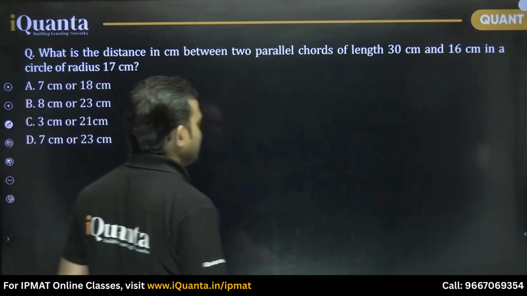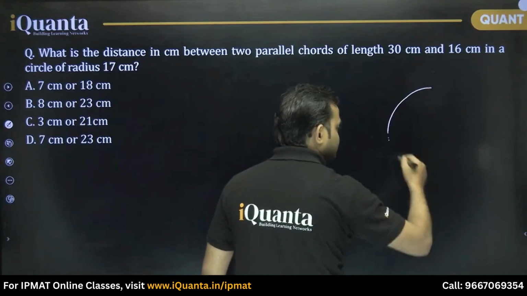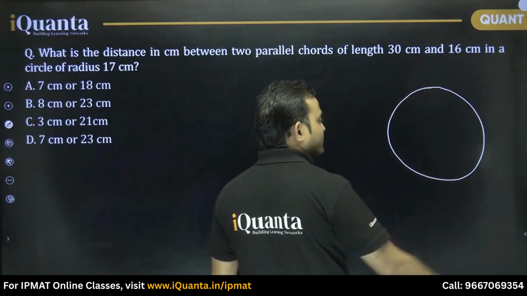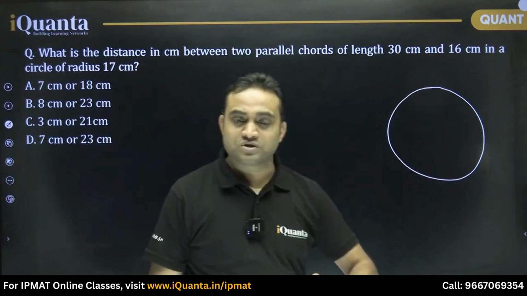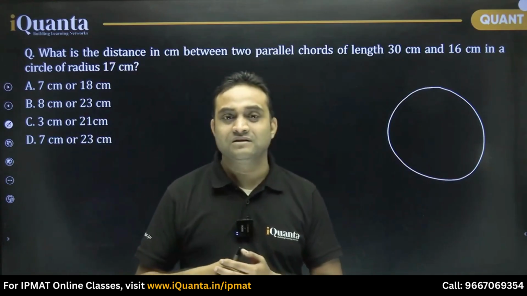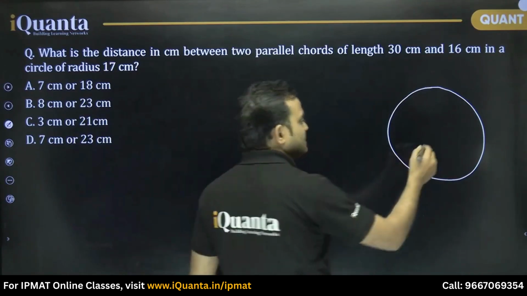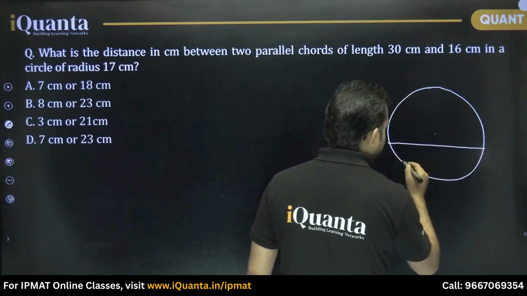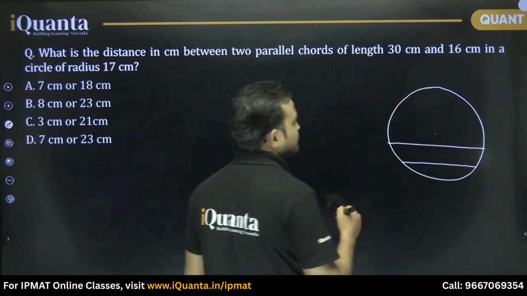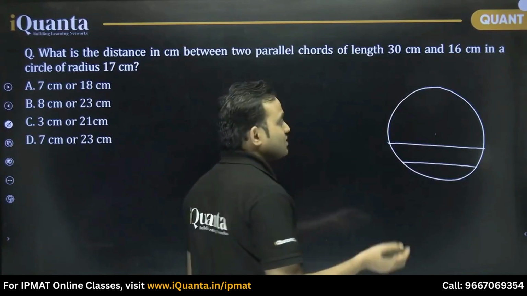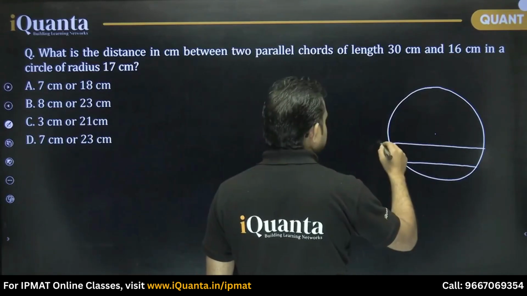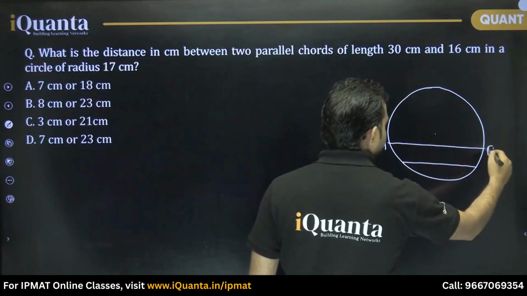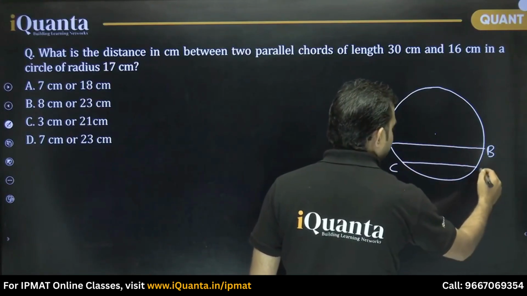So first let's draw a circle. Now we don't know whether these two chords are on the same side of the center or the opposite side of the center. So let's take this chord and another chord. If we take the first case where both the chords are on the same side, let's say this is AB and this is CD.